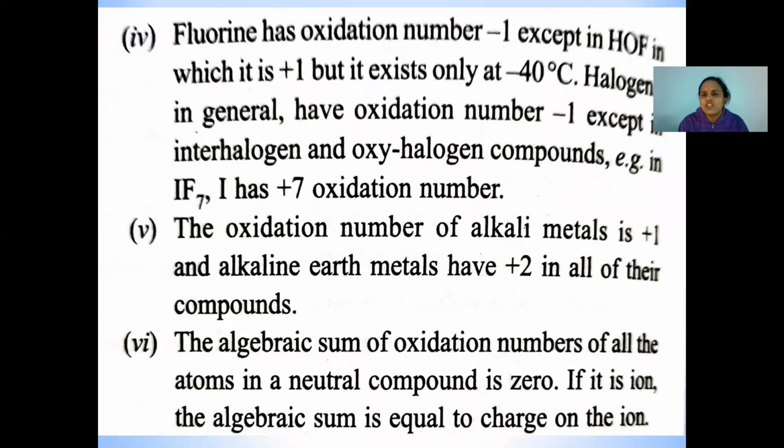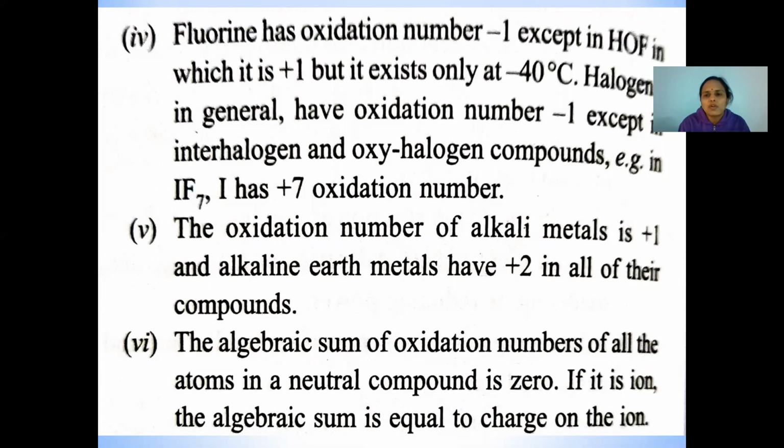Fluorine has also an oxidation number of -1, except in HOF, in which it is +1, but it exists only at -40 degrees Celsius. Usually all halogens have oxidation number -1 except in interhalogen and oxyhalogen compounds. Example, in IF7, I has +7 oxidation number.